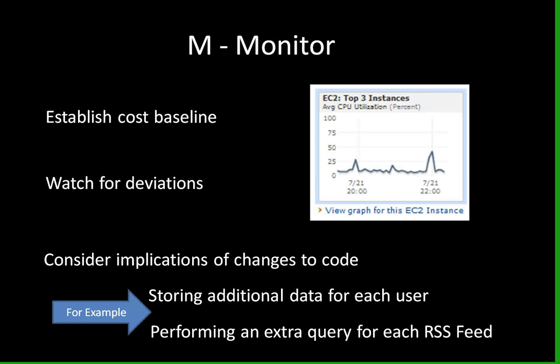Perhaps you're storing additional data for each user, or you have been generating that RSS feed and you, for some reason, decide you need to do one additional database query for each feed. The idea of these very fine-grained techniques that we've been discussing today is that you should be able to measure, understand, and track these additional costs as you make these changes to your system.